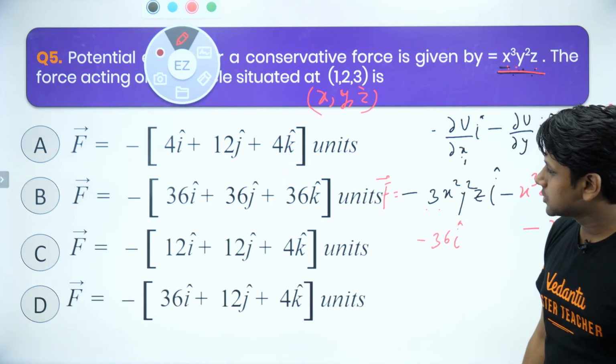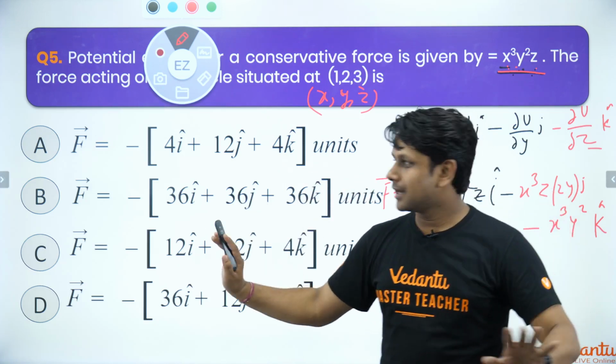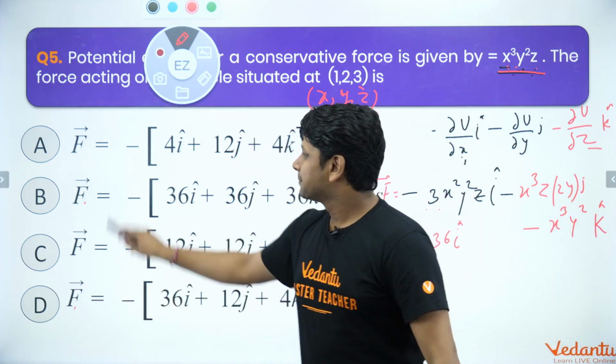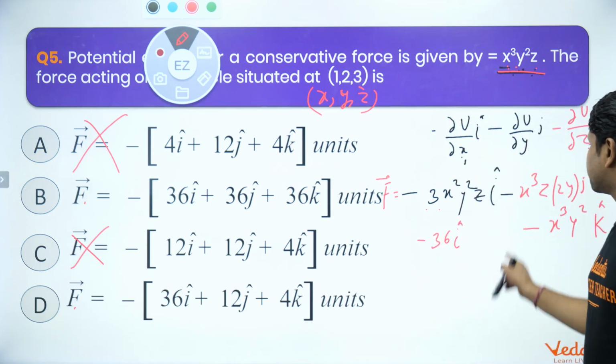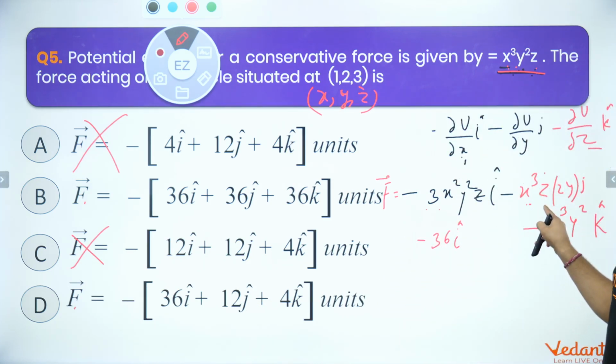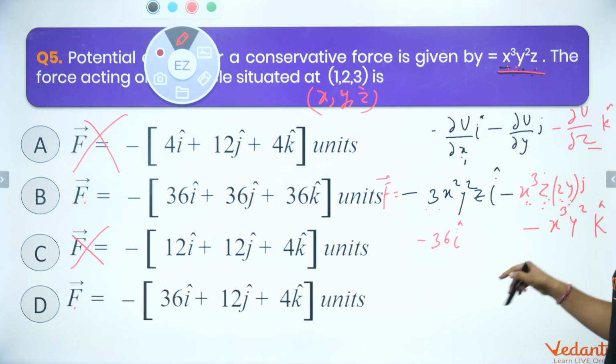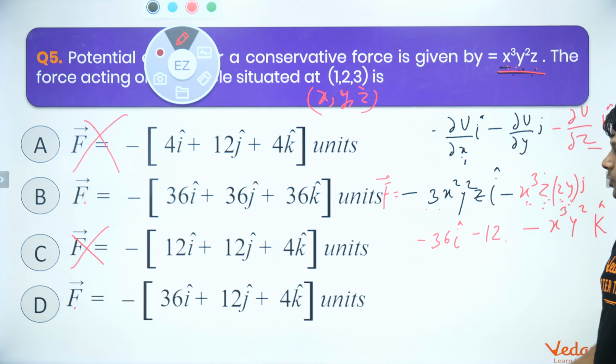Now 36 is only in 2 options, तो या तो B सही होना है या तो D होना है, इन दोनों को तो हटा दो आप, है ना? and then let's move ahead. इसमें रखो values x cube z 2y. x cube मतलब 1 cube, that is 1 only. z is 3 into 2 will be 6 and y is again 2, 6 2s are 12, तो यहाँ पे आ जाएगा minus 12.